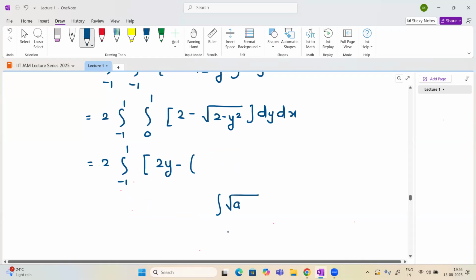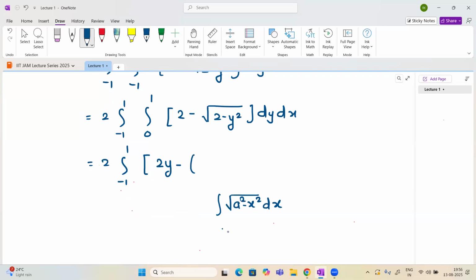This formula you have to apply: y by 2 root a square minus y square plus a square by 2 sine inverse y by a.